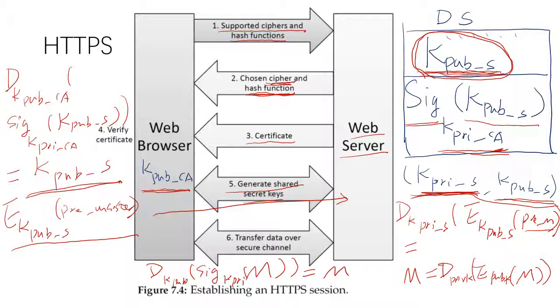Then it will be able to restore the pre-master key. At this time, the two parties, the web server and the web browser, are sharing the same pre-master key. It is important to know that during the whole procedure, the pre-master key never appeared in plain text within the communication channel. It is always encrypted.